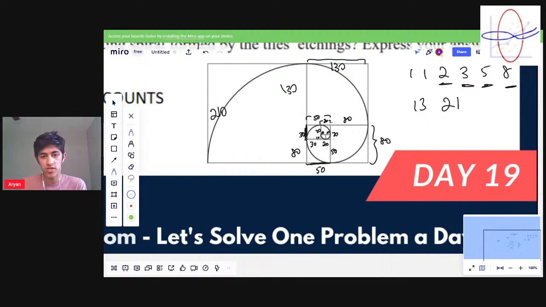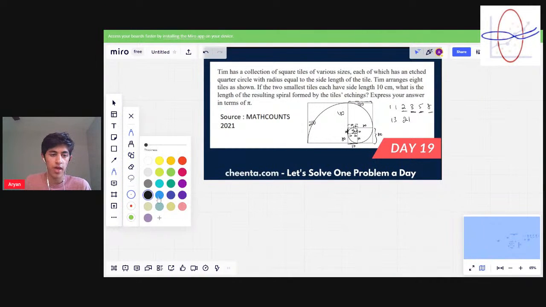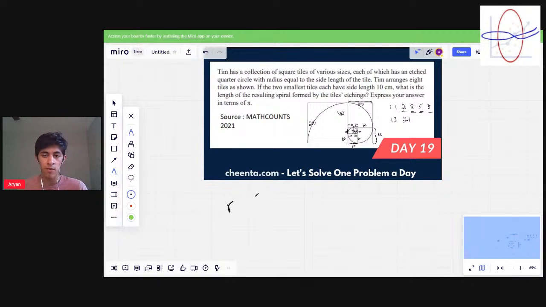So if we start inside, and let's use our smaller numbers, 1, 1, 2, 3, 5, 8, 13, and 21, just to make calculations easy, and then we'll multiply everything by 10 at the end. If we think about this generically for a second, if our radius is, say, r, then what would be the length of the quarter circle?